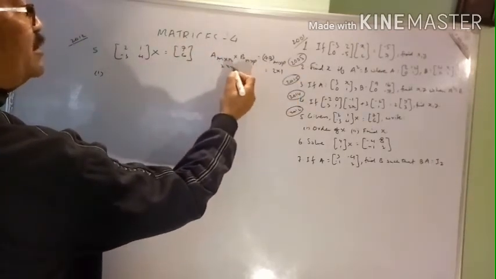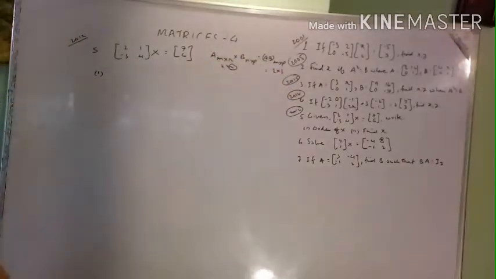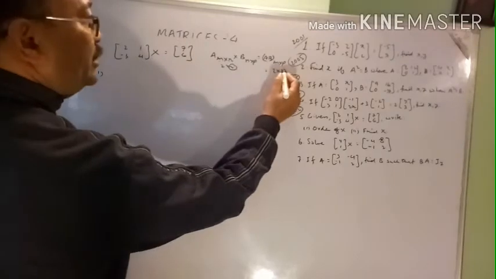So this n must be equal to 2 and p must be equal to 1.